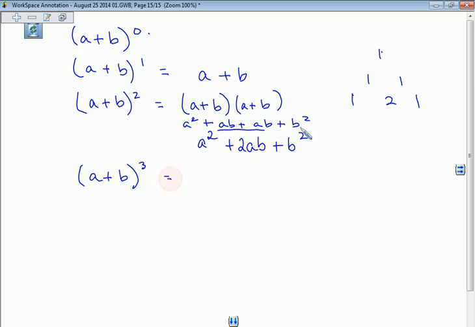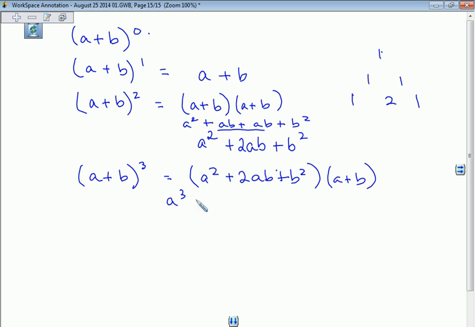Now, isn't the third power like the second power times the first power? Wouldn't that give us a third? Okay, I'm not going to show you all the work, but you're just going to have to trust me on some of this. So, I will show you work.